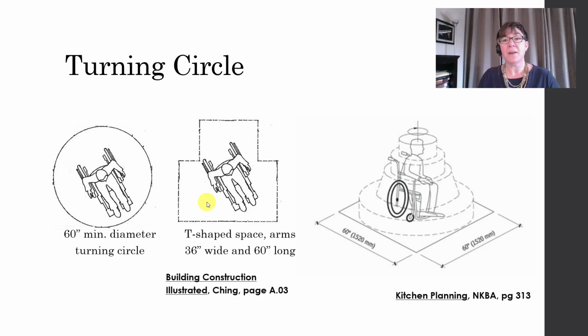And in 3 dimensions, it turns out that most of that widest area occurs down at the floor because the toe space projects the most. And so often in a bathroom, you can actually tuck a little bit of that 60-inch turning diameter under a countertop if needed.